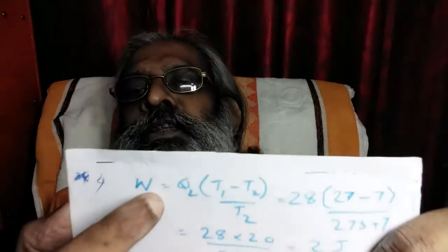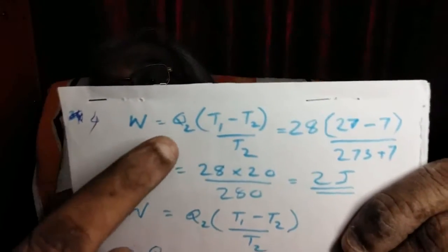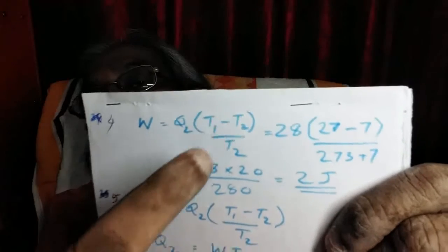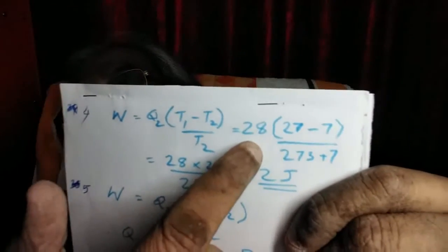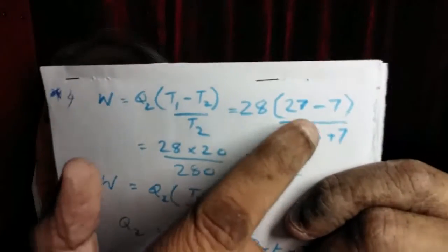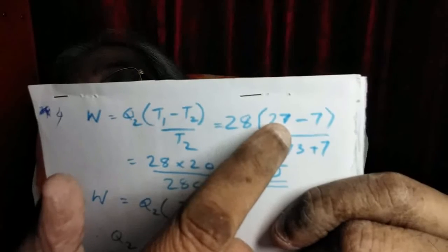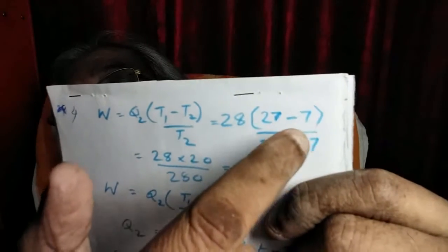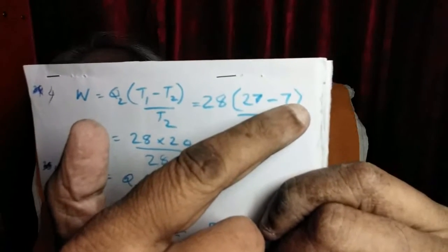We have shown in the previous problem that W equals Q2 into (T1 minus T2) by T2. Q2 is given to be 28 joule. T1, the high temperature, is 27 degrees Celsius, minus the low temperature, given to be 7 degrees Celsius.